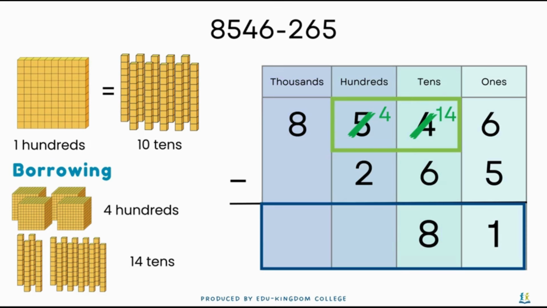And since I borrowed 1 hundred to the tens place, I only have 4 left. So I have 4 minus 2 in the hundreds place, which gives us 2. And now in the thousands place, I have 8 minus nothing, so it's going to just give us 8. Therefore, the answer to 8,546 minus 265 is going to give us 8,281.